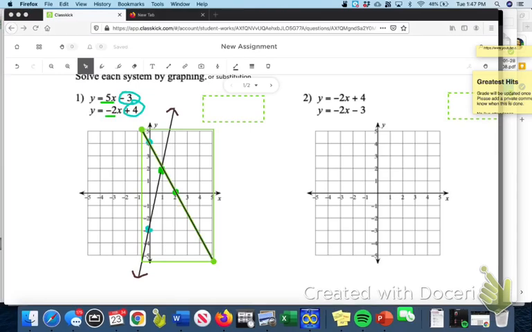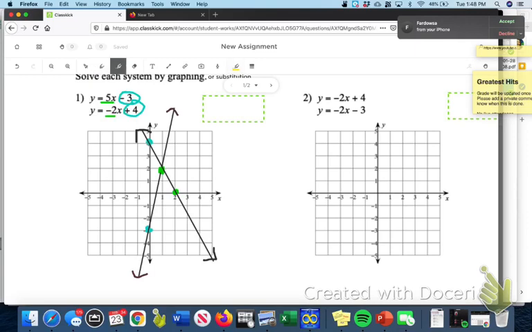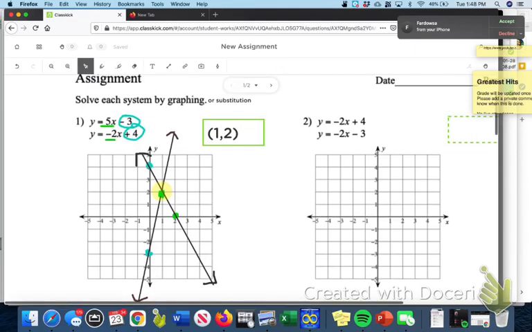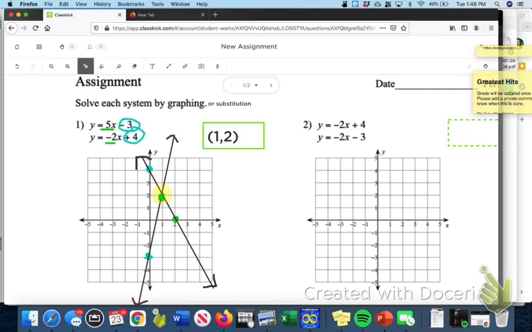So you can see the intersection point is right here where they intersect. I'm going to type in the box 1, 2, and you can see that you got that correct. On your end, it'll pop up as correct once you get in there.